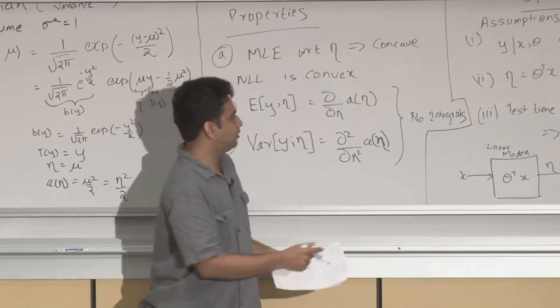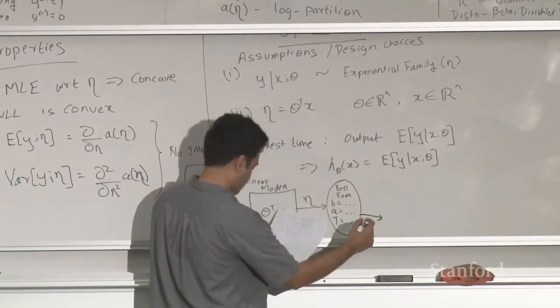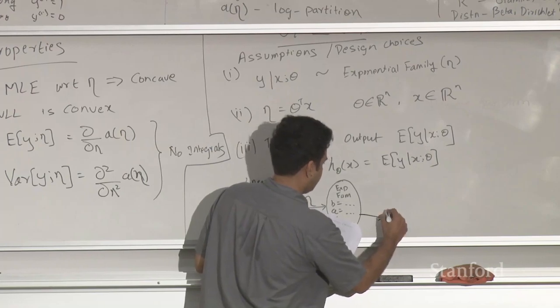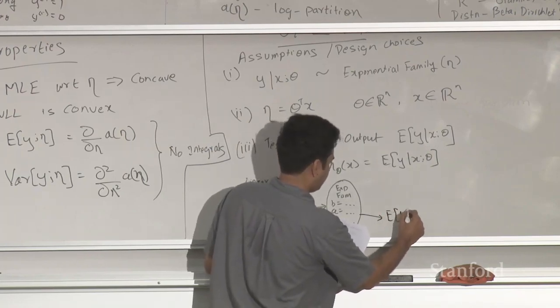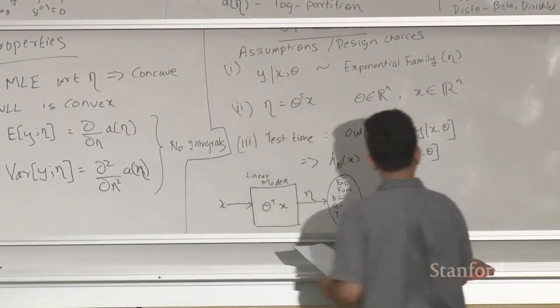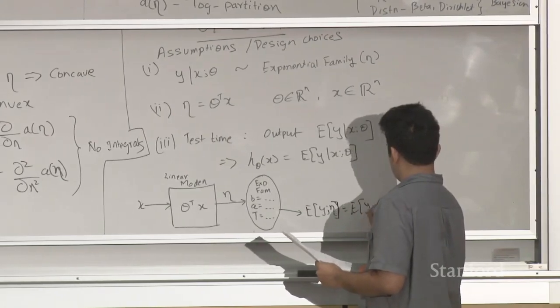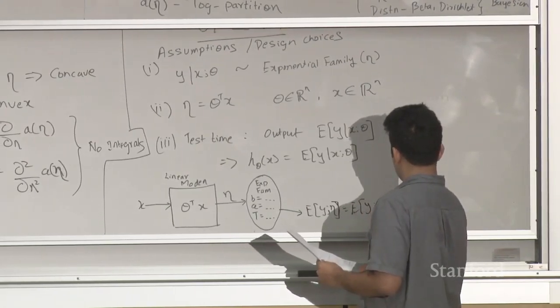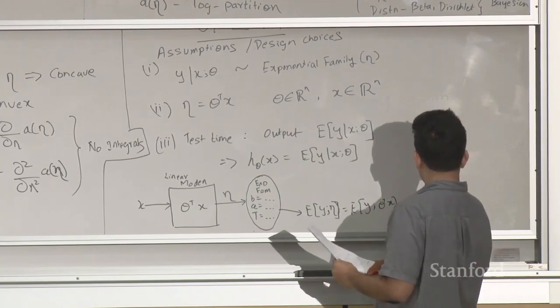And from this you can get the expectation of y given eta, and this is the same as the expectation of y given theta transpose x. And this is essentially our hypothesis function.